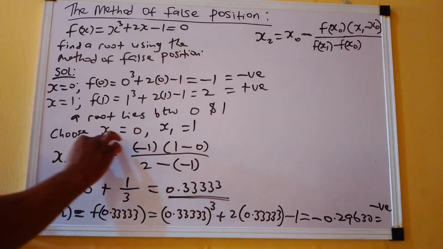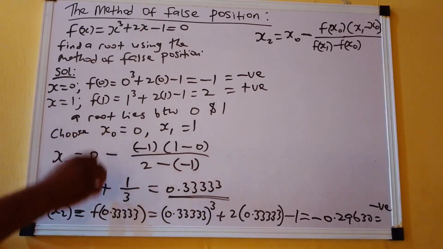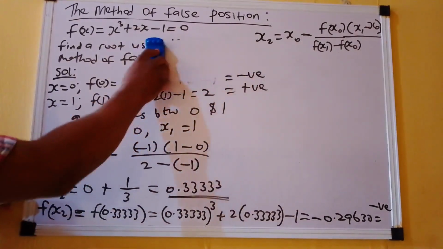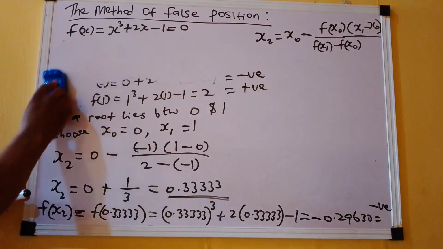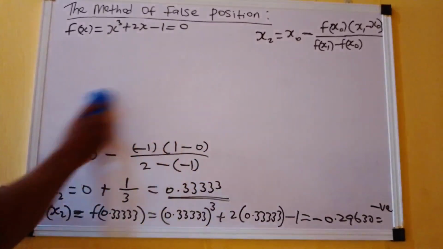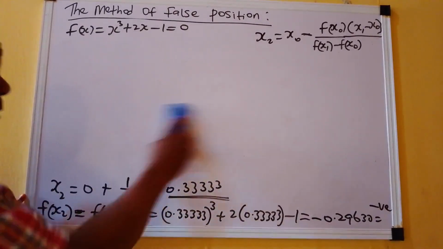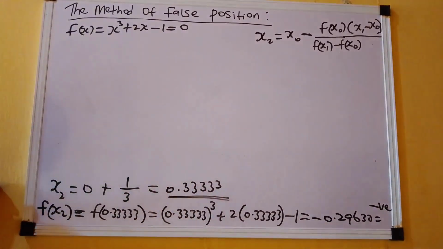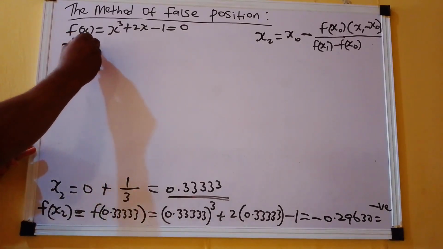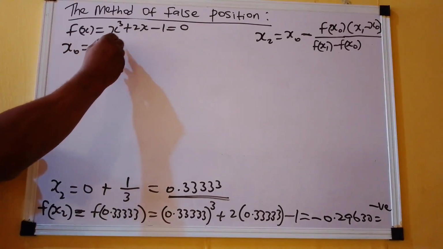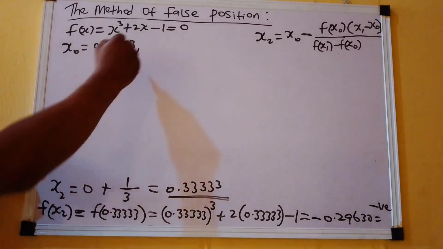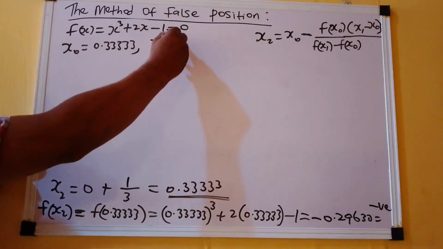So this x2 value will come and replace our x naught, and we will get a new value for x naught, while our x1 will be retained. Because this is negative, our new x0 will be equal to 0.33333. We are working with 5 decimal places. Then our x1 will be retained. Our x1 remains 1.